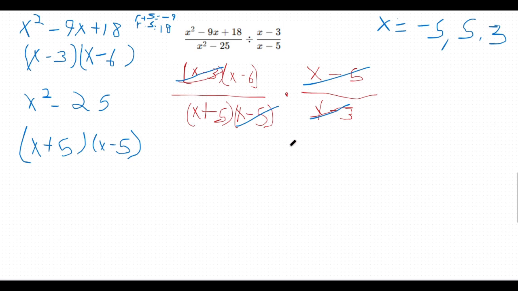And we're left with x minus 6 over x plus 5. So this whole expression equals this.